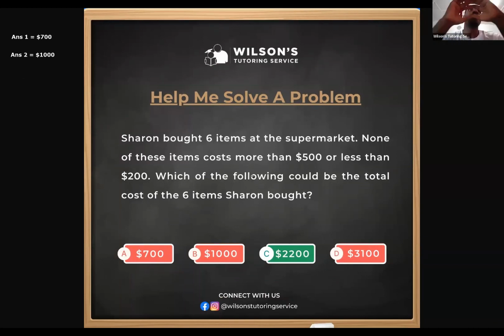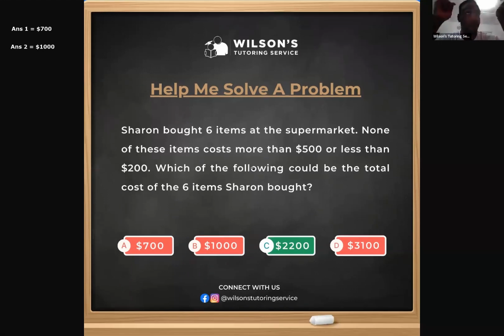So it says Sharon bought 6 items at the supermarket. None of these items cost more than $500 or less than $200. Which of the following could be the total cost of the items Sharon bought?